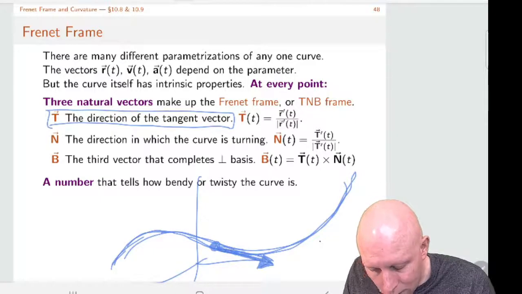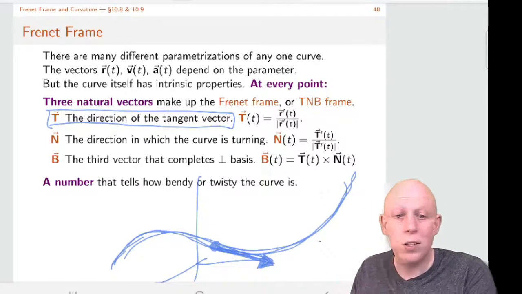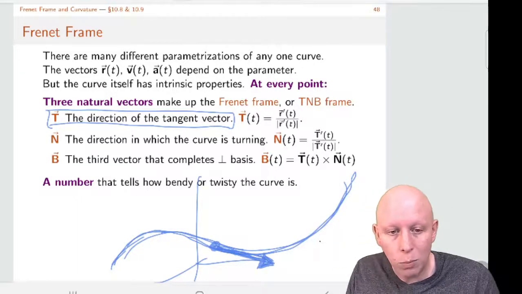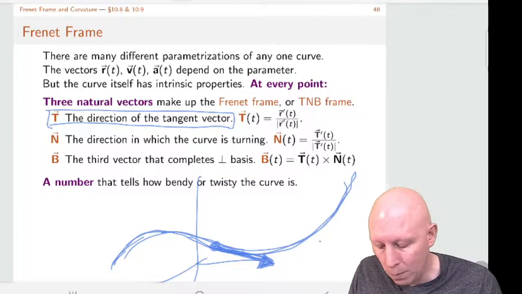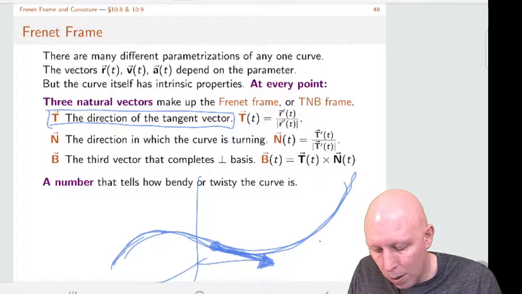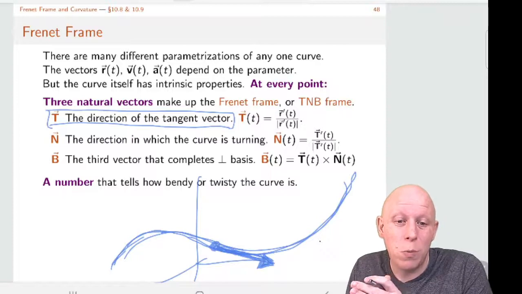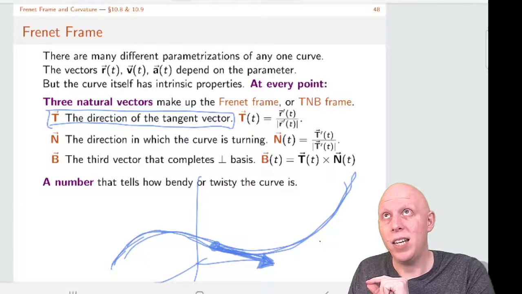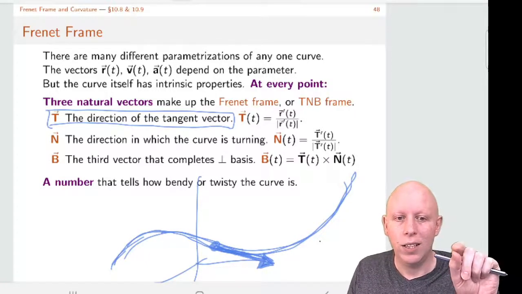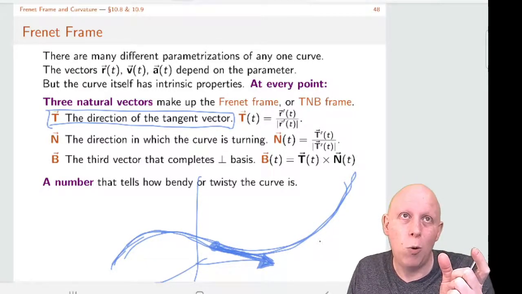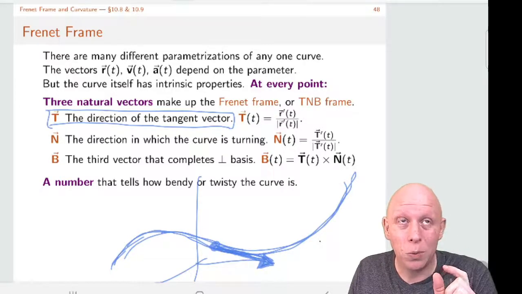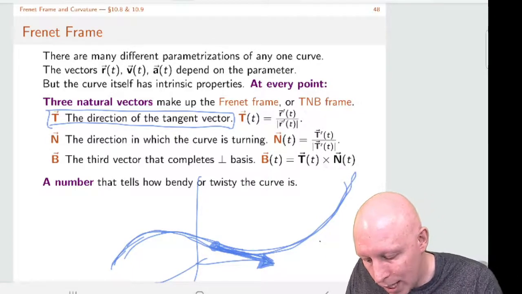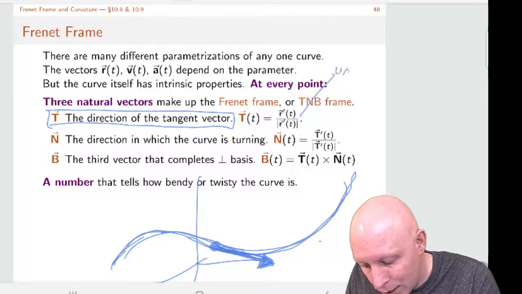Whether you're going fast or slow, this tangent vector is always pointing in the same direction. Because we want to normalize it, so that no matter the speed at which you go through the point, we keep track of just that direction, we're going to create the unit tangent vector.